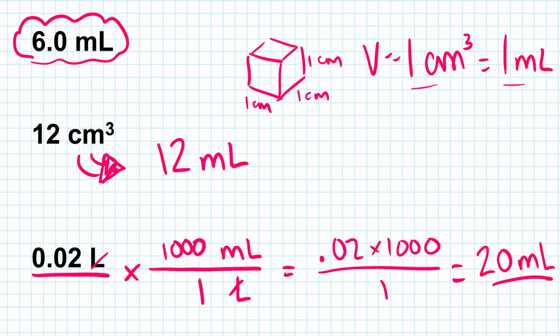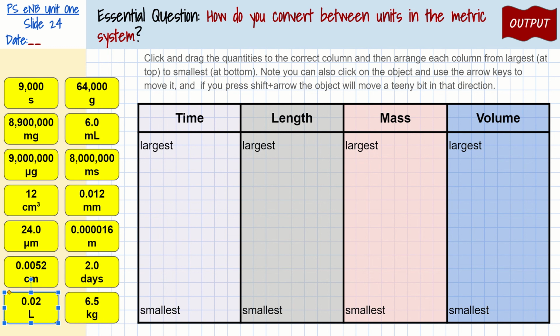Okay, so when I arrange these from largest to smallest, well, this is my largest. And then it's 12, and then it's 6. So I would go back to my e-notebook. Open my other tab.